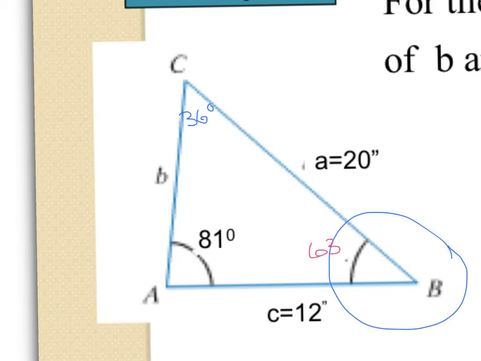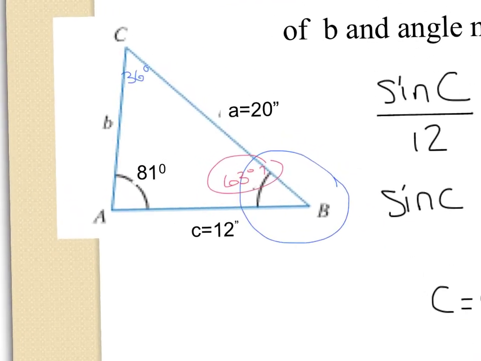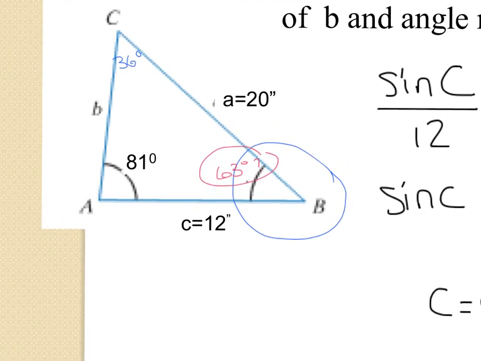So it could be that this is 63 degrees, but remember, we just discussed that we could have 1, 2, none, or a right triangle here, right? Okay, so it's tentative right now because I need to find B in order to determine if this was a for sure triangle. I just want you to get into the habit of doing that, because in just a moment we're going to get different types of solutions.